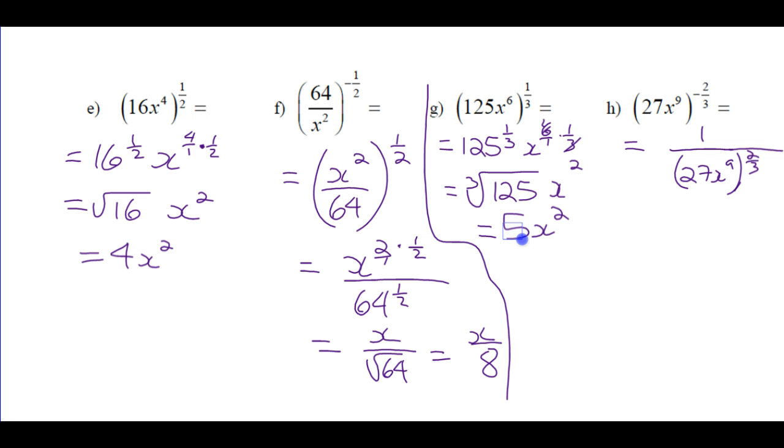Okay, so it's 1 over 27x to the 9th to the positive 2/3. So it's 1 over 27 to the 2/3, x to the 9 times 2/3. And whenever I'm doing one of these multiplying by a fraction, then I write the 9 as like 9 over 1, so I can keep it straight, right, as numerator, denominator.